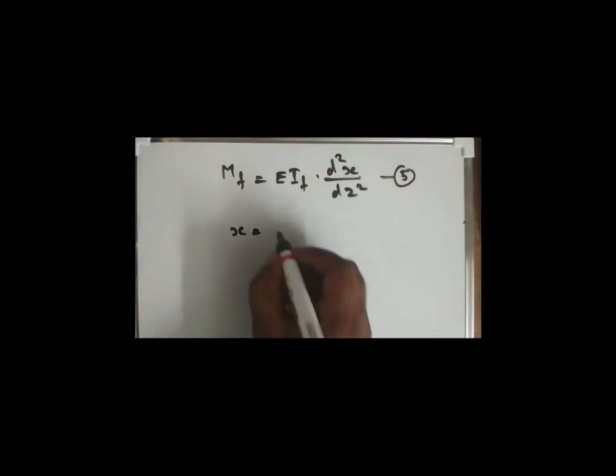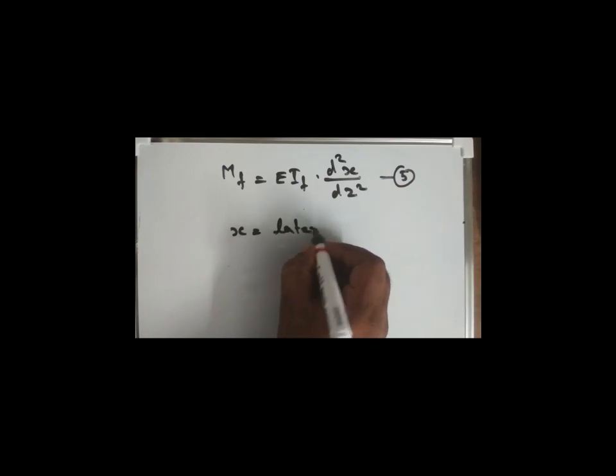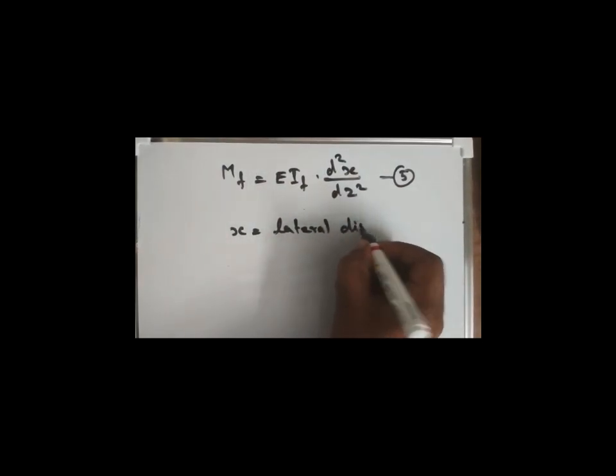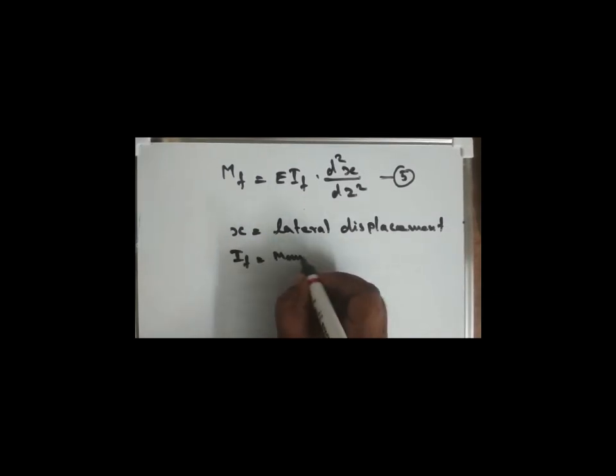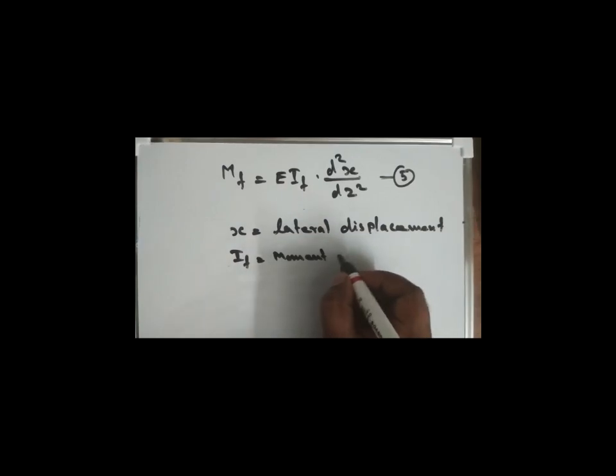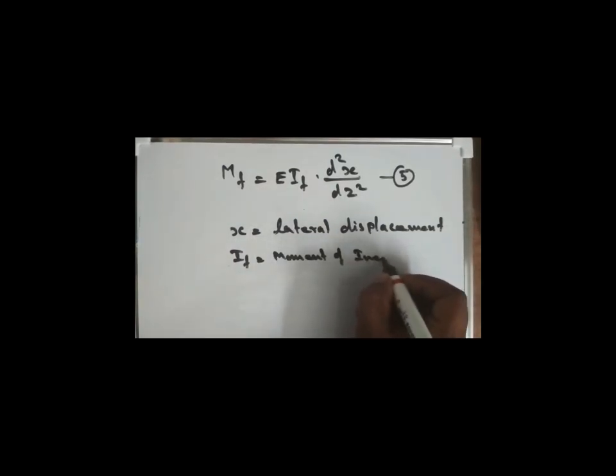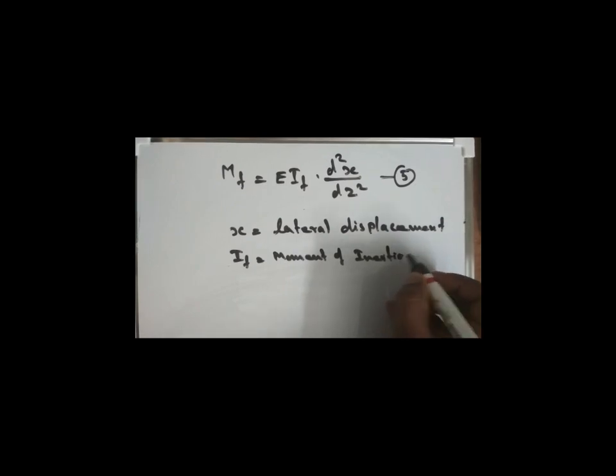Here x is equal to lateral displacement. We have to determine the x. That's very simple. I have already told IF is the moment of inertia of the flange of the I beam.